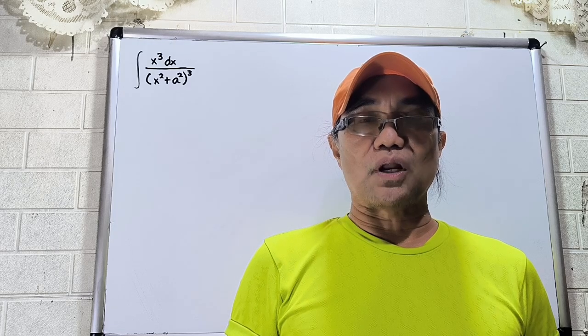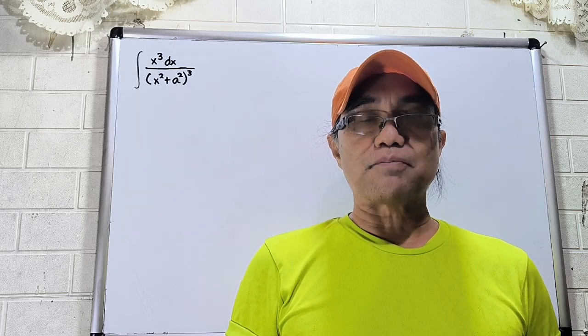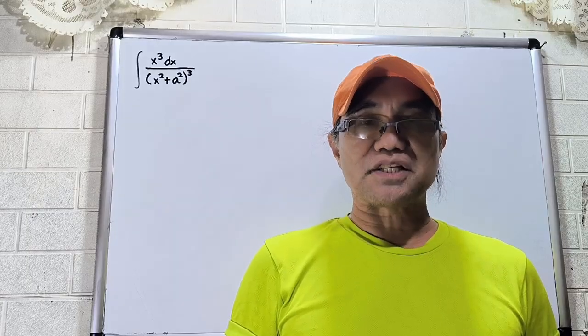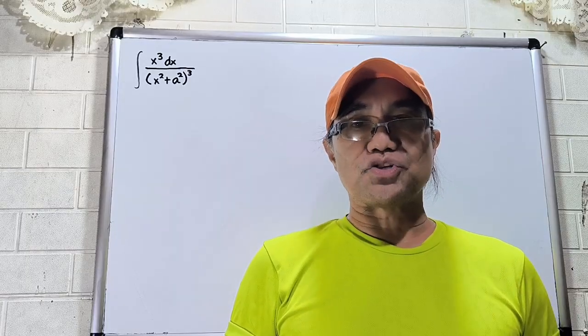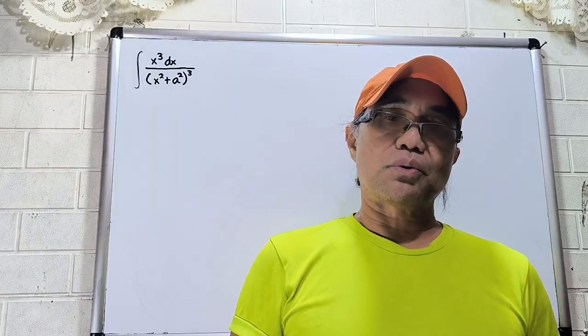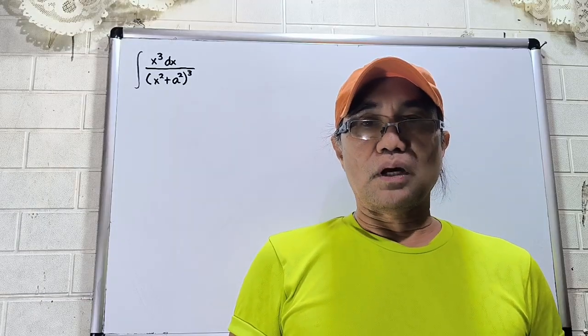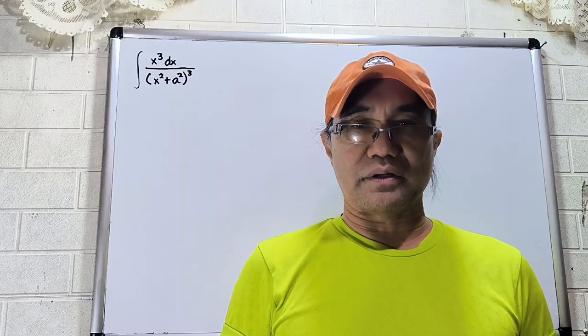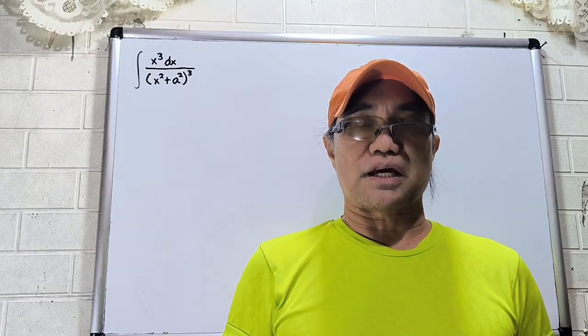My topic is all about trigonometric substitution by integration. When we say trigonometric substitution, we'll just consider three formulas for this integral. First, if the integrand is in the form of x squared minus a squared, let x be a times secant theta.